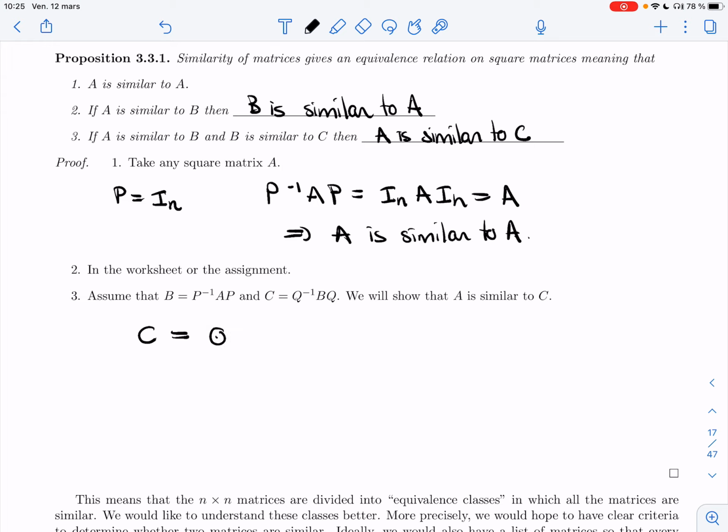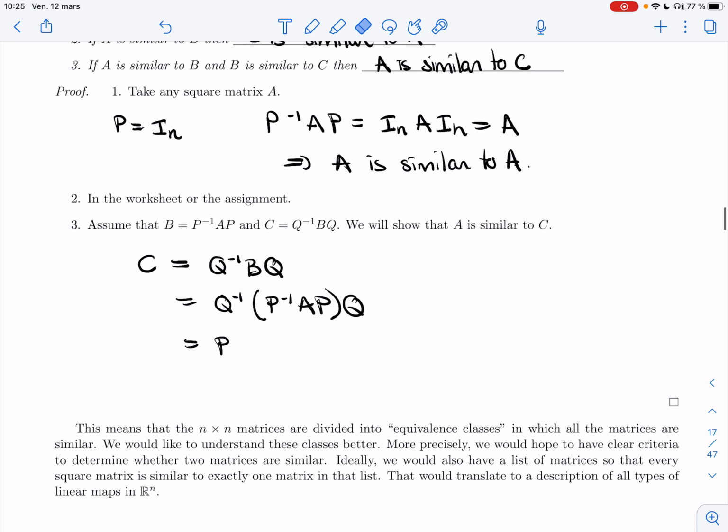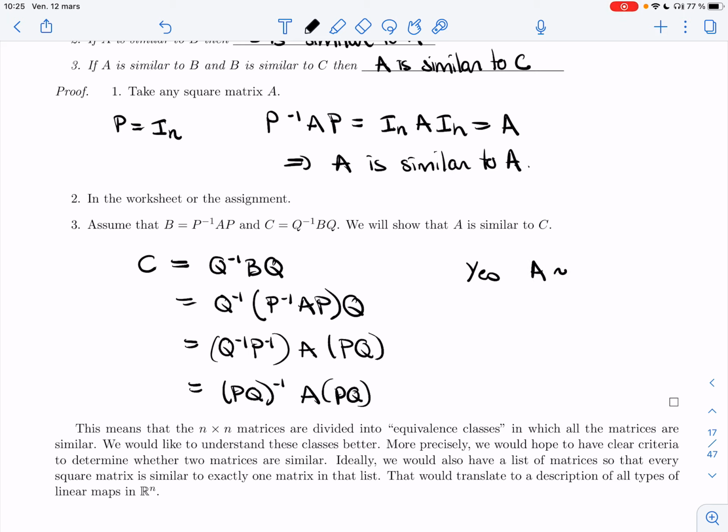So I know C is Q inverse BQ, and then I also know that B is P inverse AP, and then I could reshuffle this. That's Q inverse P inverse A PQ, and then I have PQ inverse A PQ. So yes, A is similar to C.